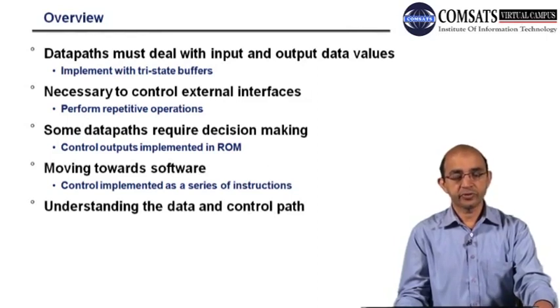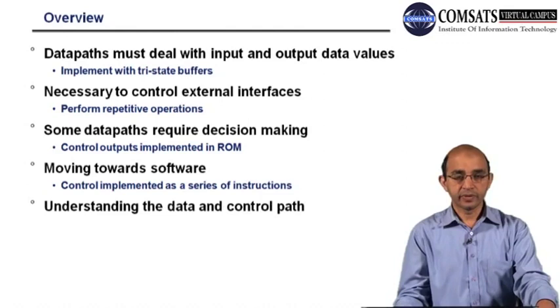If you talk about the computer, you have different input and output ports, so you have to handle the data paths regarding those IOs. Some data paths should be intelligent enough to make certain decisions, so they need decision-making capability.